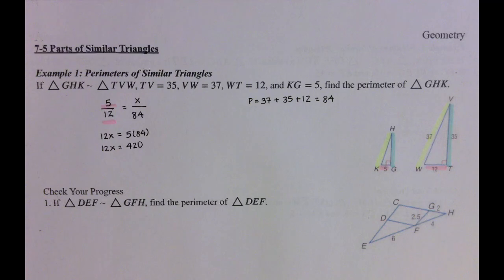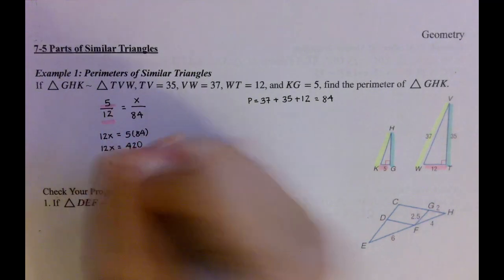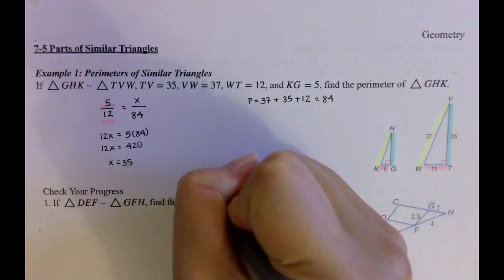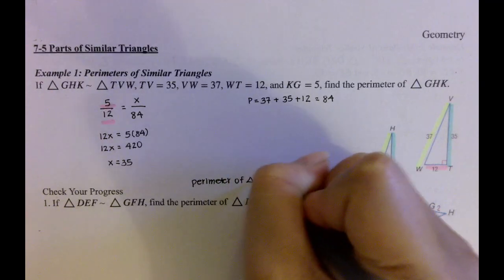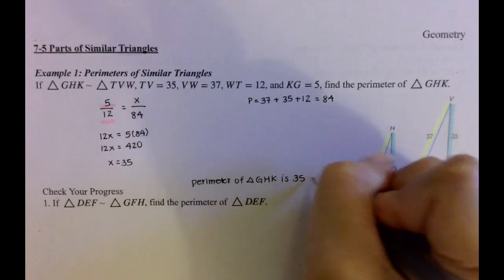And then divided by 12, it is 35. So the perimeter of triangle GHK is 35 units.